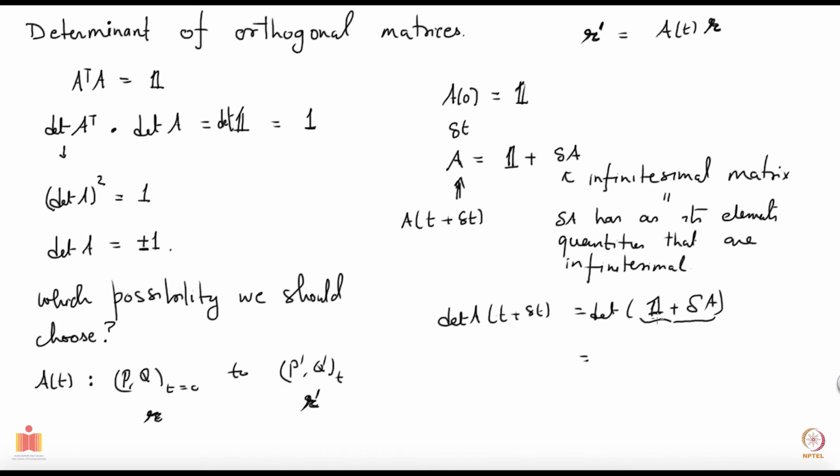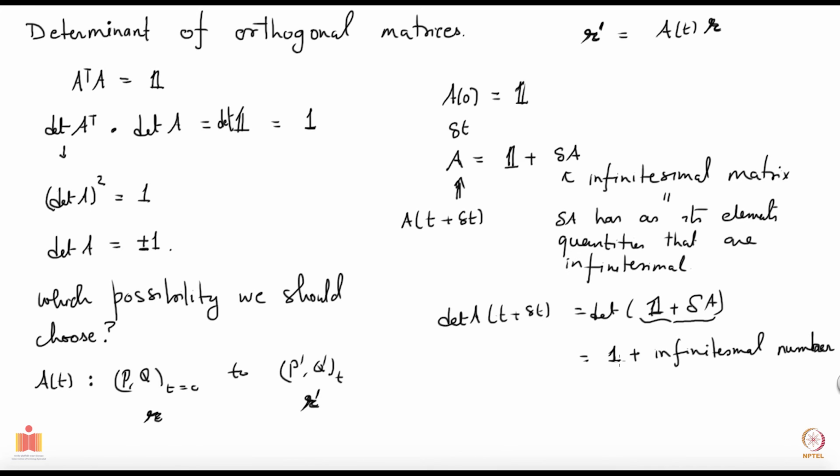You change the matrix a little bit away from 1, then the determinant should change at most a little bit away from 1. So it should be 1 plus some infinitesimal number, which will be determined by the transformation delta A.